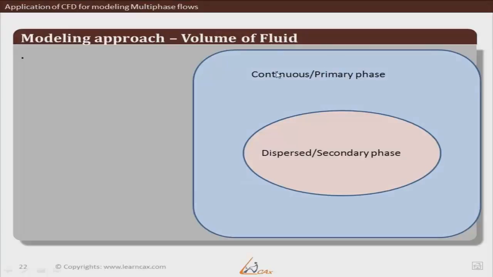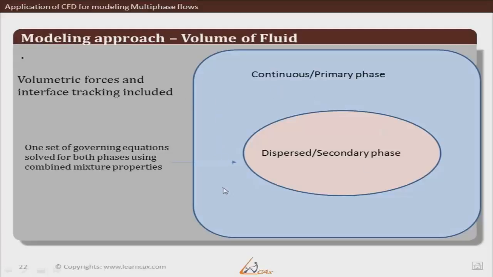And lastly, the third approach, which is volume of fluid, is used only in cases where we have distinct separation between two phases. So we have a dispersed secondary phase and a continuous primary phase. What we do is, volumetric forces and interface tracking are included in addition to solving a single set of governing equations.